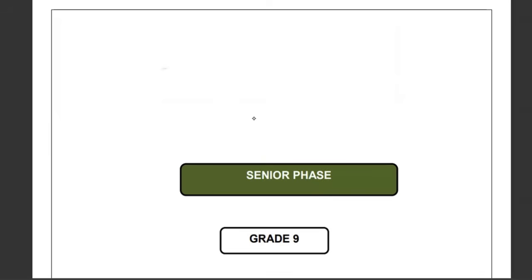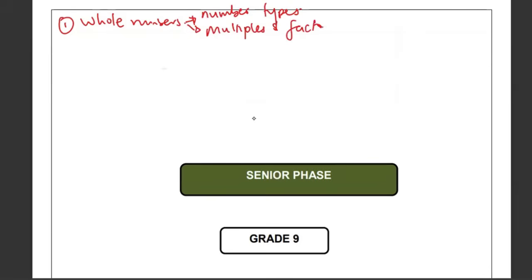Topic number 1 is what we call the whole numbers. Whole numbers will be basically things to do with number types, types of numbers. 2, there's something that we call multiples and factors.